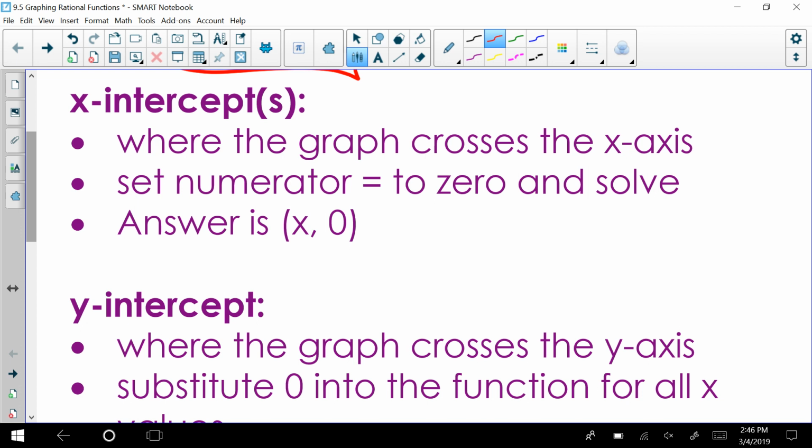We're going to start here with some x-intercepts. To find the x-intercepts, which are important when graphing, x-intercepts are where the graph crosses the x-axis. We know this, right? Because it hits the x-axis, we know that the y will be 0.